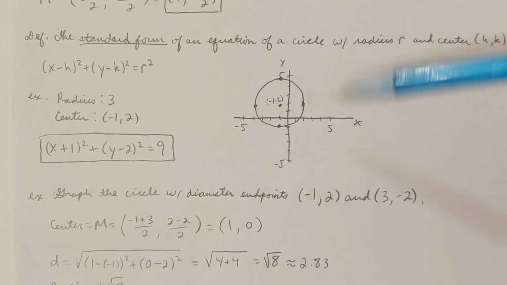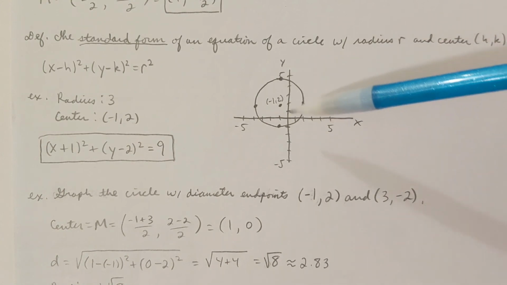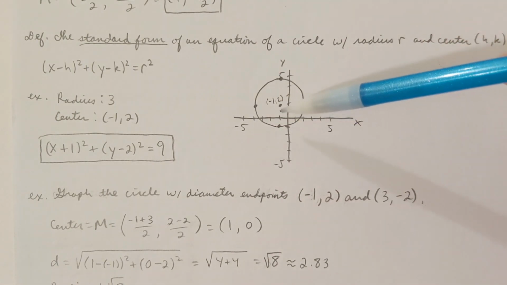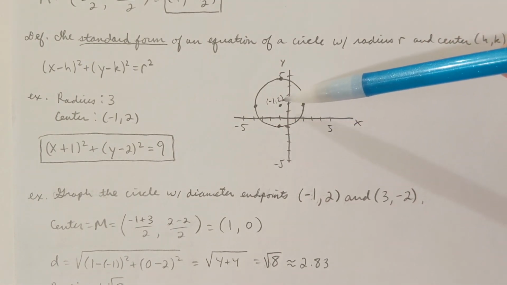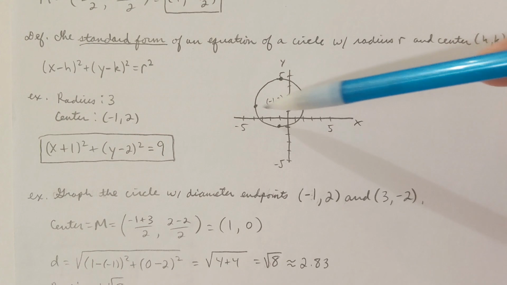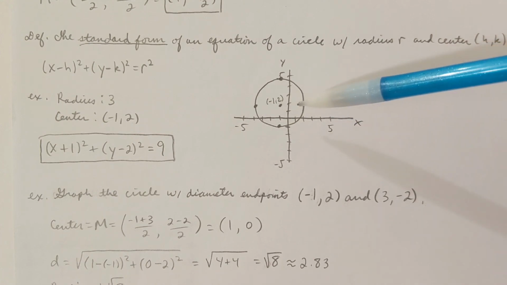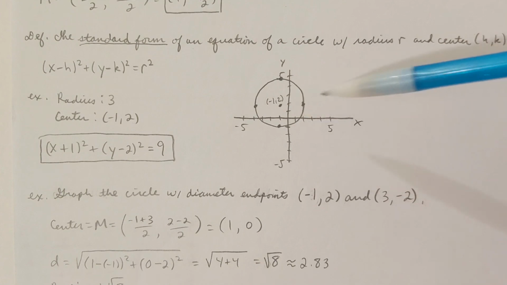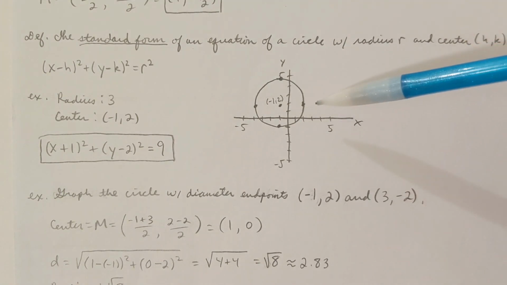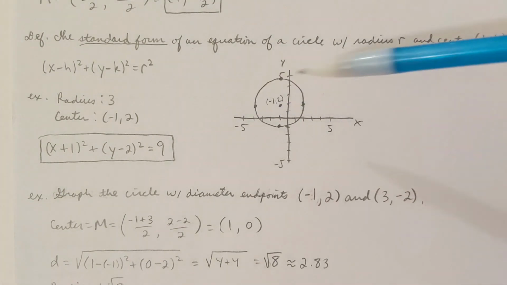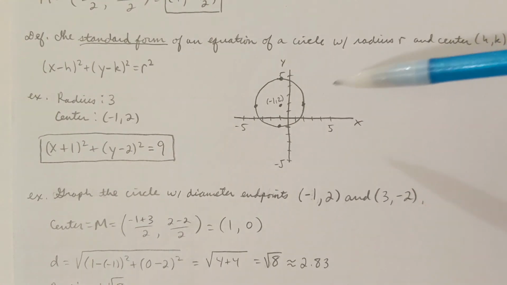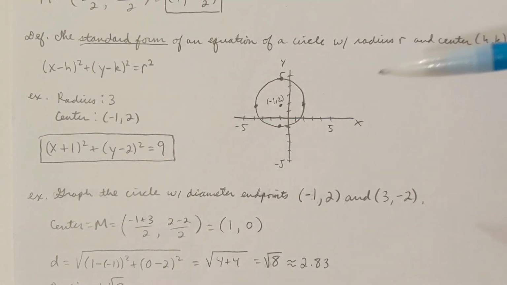So as I set up my axes and I plot the center point, which is at negative 1, 2, and then use a radius of 3. Now I've got 4 points, 2 left, right, 2 up, down, that are 3 units away from the center, the radius of 3. And that's what I want in this problem, since the radius is 3.